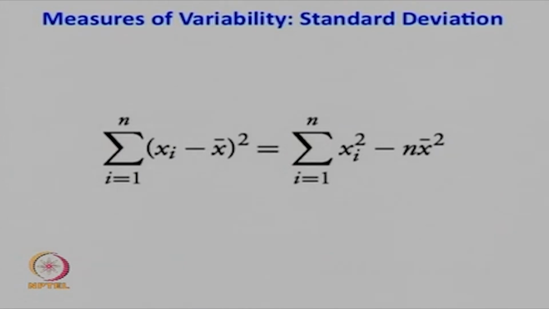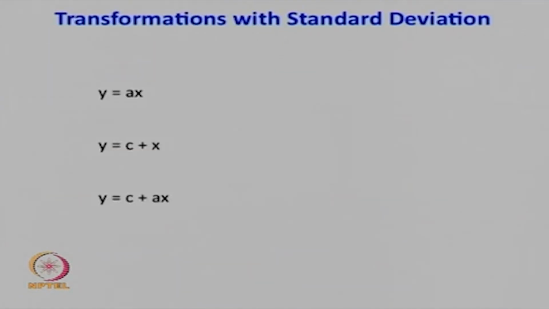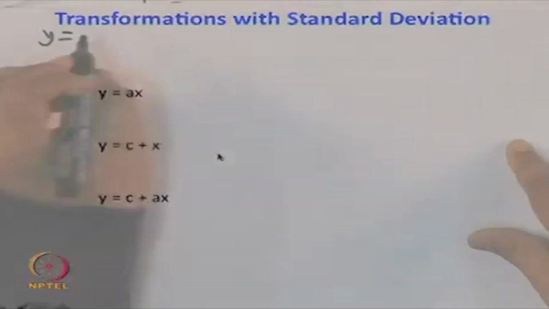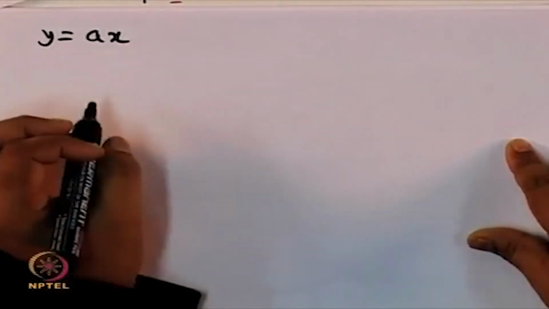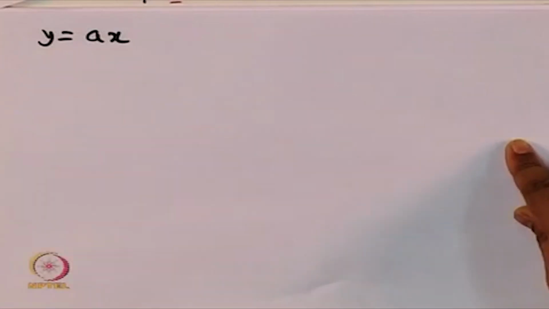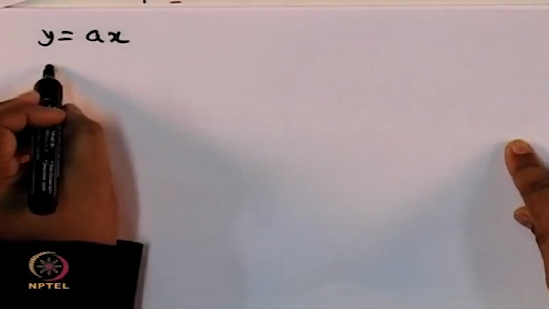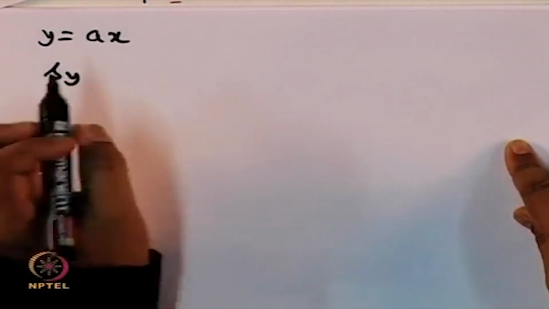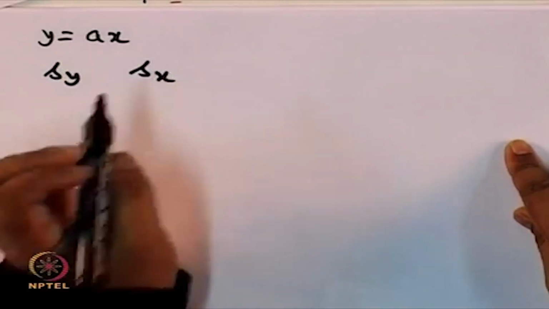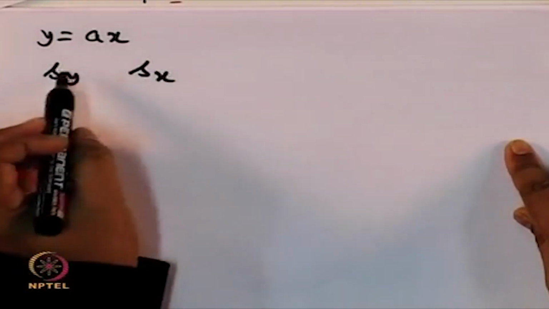Now let us do some transformations with standard deviation. We again come to three particular cases. First, y is equal to ax, let us say. The question is how sy and sx are related.